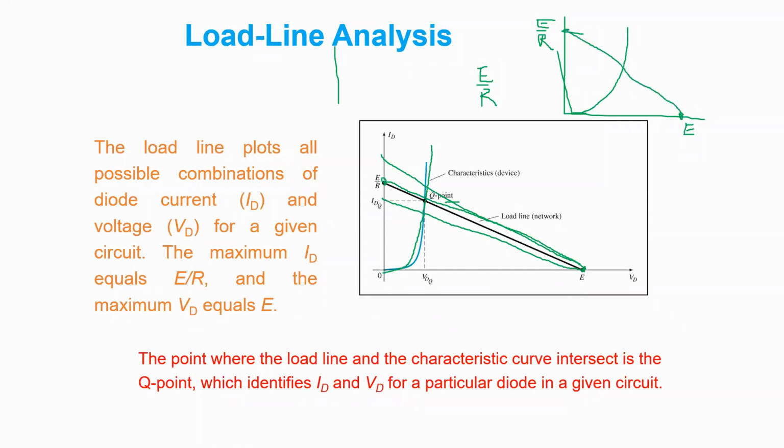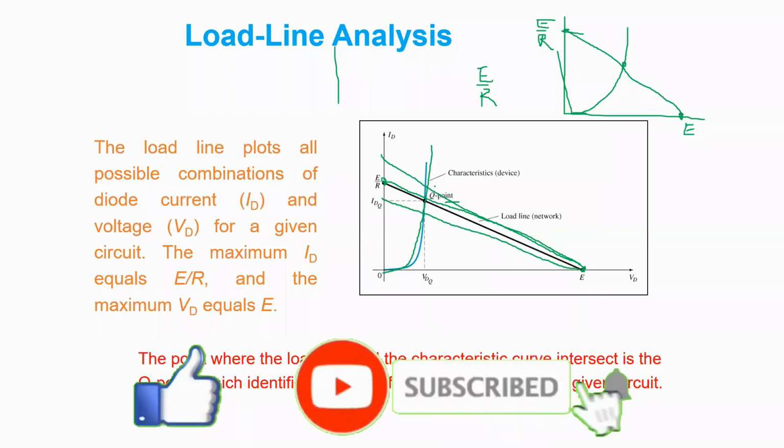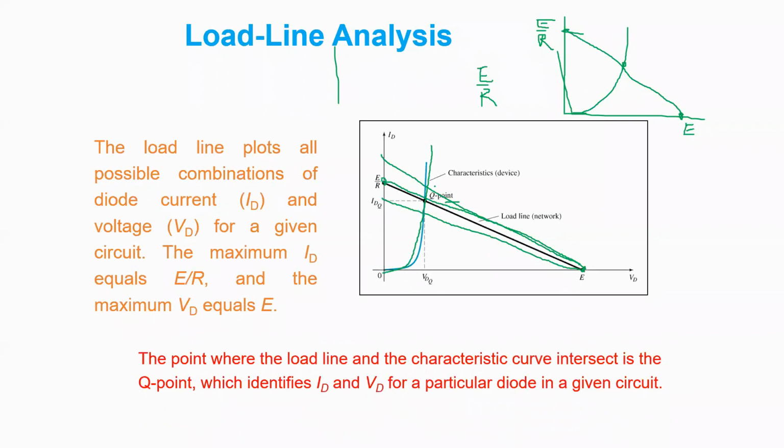So the point at which it intersects this is called Q point or quiescent point. That means your system is fixed at this particular point if conditions are fixed. Conditions means your temperature is fixed, potential is fixed, so your system will be at that particular operating region. But if you are changing the operating conditions, these things will change. So this is called load line analysis.